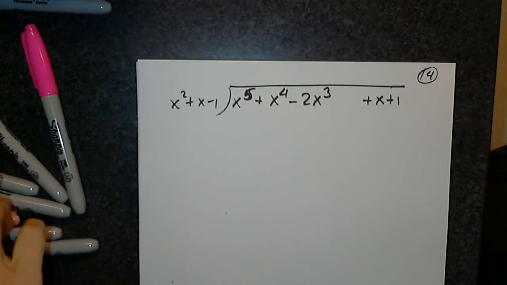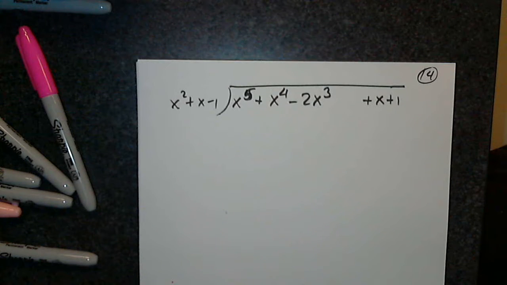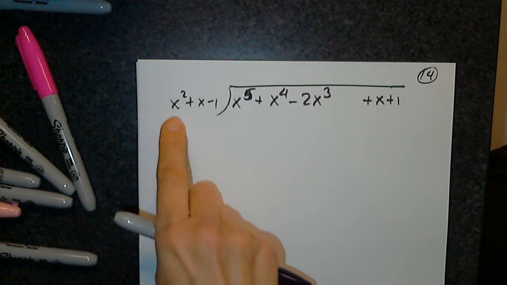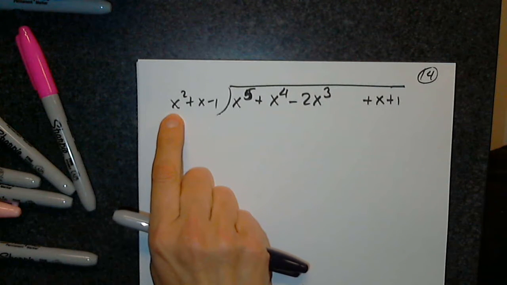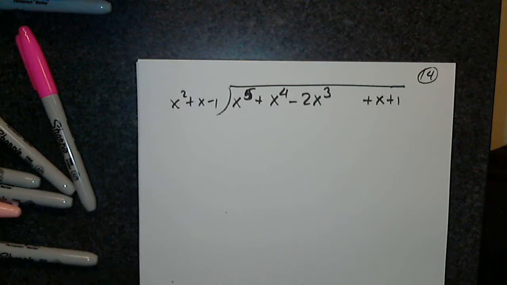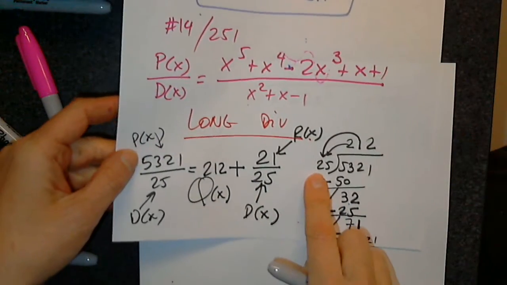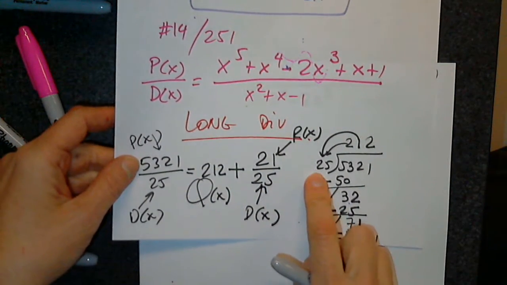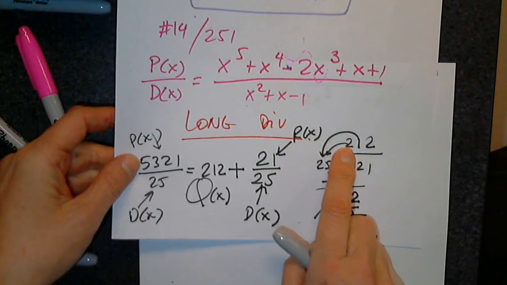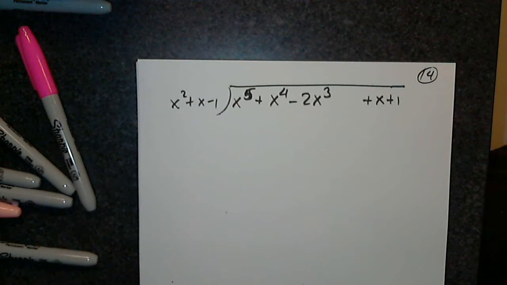So here's my next step. Should I repeat those 3 questions? Everything okay? Here's my question now to myself. X squared, like before, times what is x to the 5th?